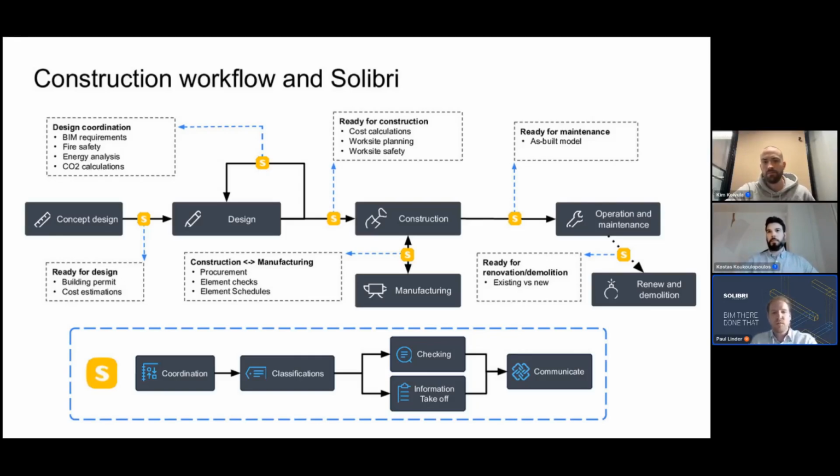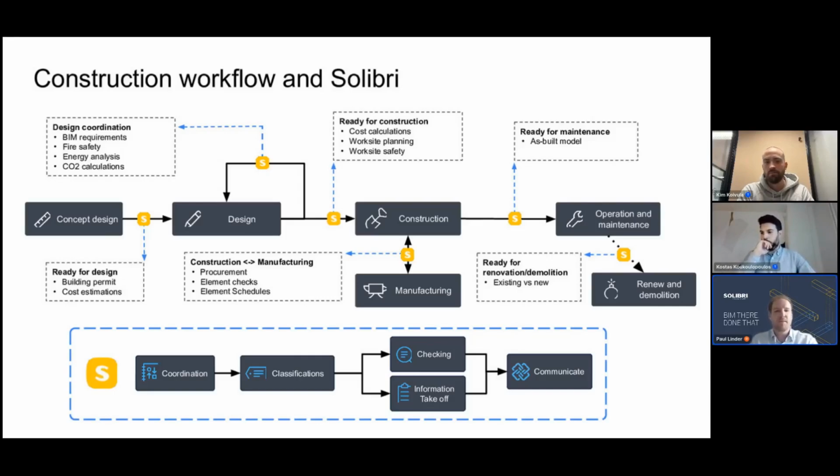The workflow in Solibri is like you coordinate the models. You can have a single discipline or even more disciplines available, like architecture, MEP, or structural. Then you can classify the information that comes along with the disciplines.